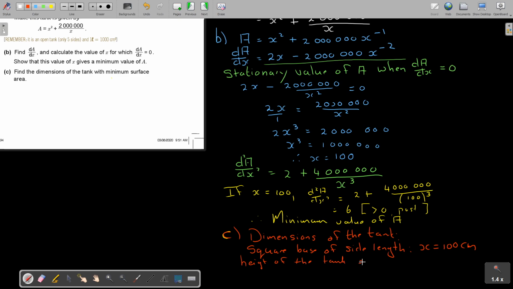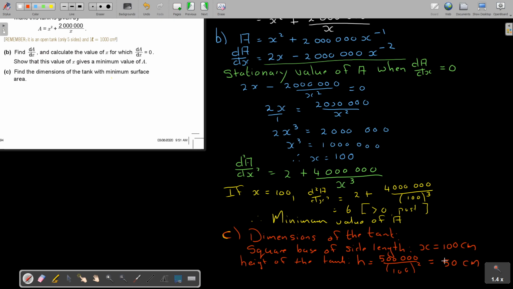just substitute in that height formula, and that will be, okay, what was the formula again? Oh, now I see. Height is equal to, it was that 500,000 over x squared, and that would have given me 50 centimeters.